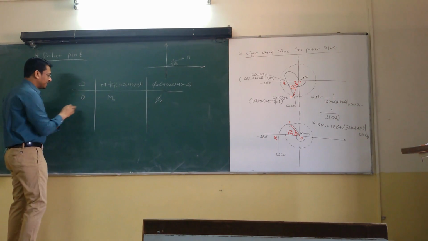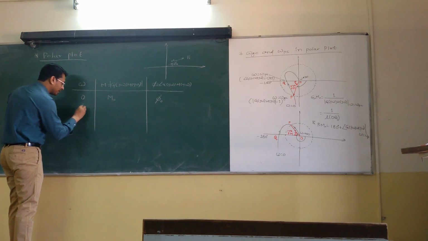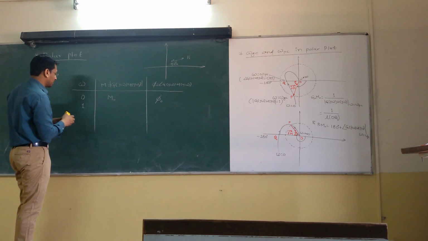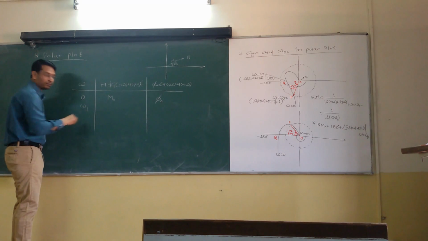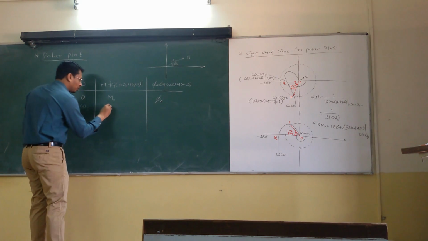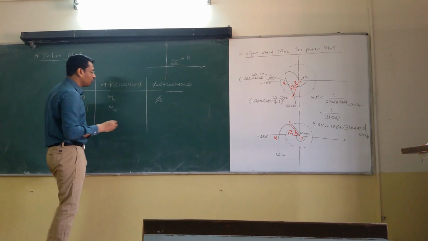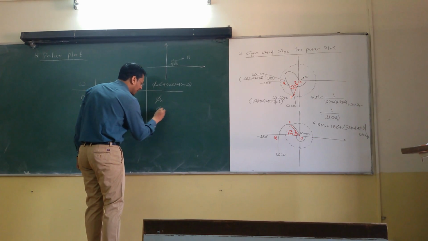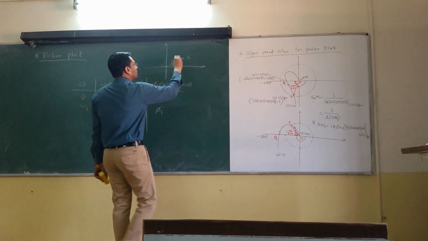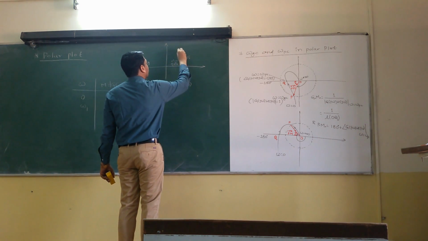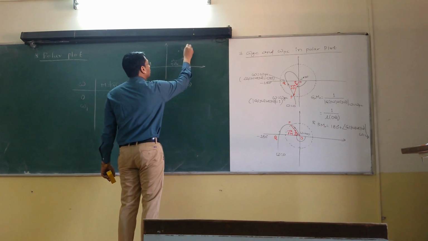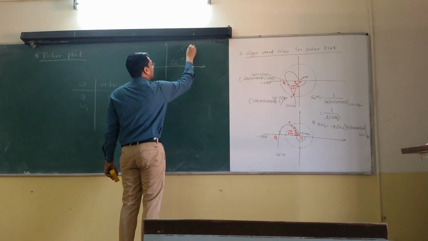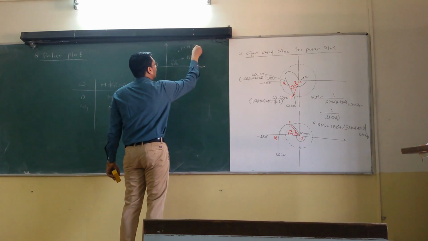Correct? Once again, if you take omega equal to omega 1, correspondingly you will get magnitude m1 and angle phi 1. So once again it will be another point here, say it is p1 with magnitude m1 and argument phi 1.